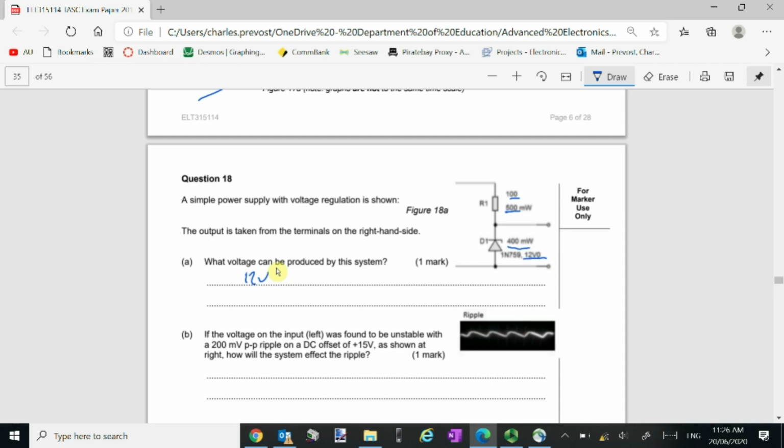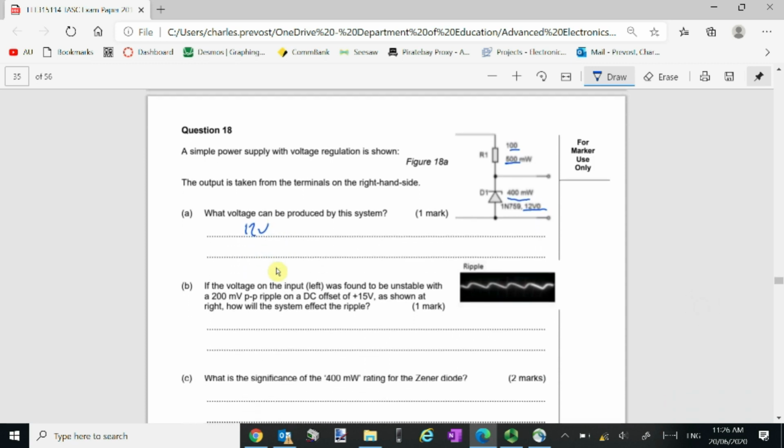If the input voltage was found to be unstable with a 200 millivolt peak to peak ripple, so you can see there's a diagram there showing what that might look like, with a DC offset of 15 volts, so it's going to be around about the 15 volt mark. How will the system affect the ripple?